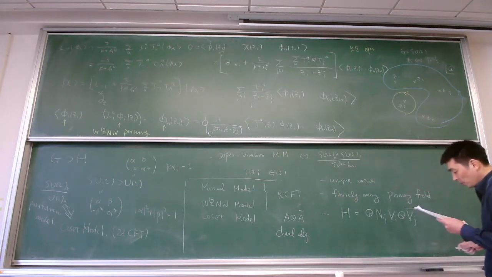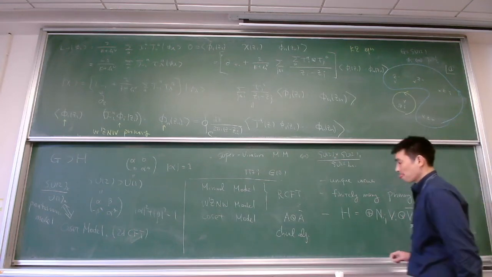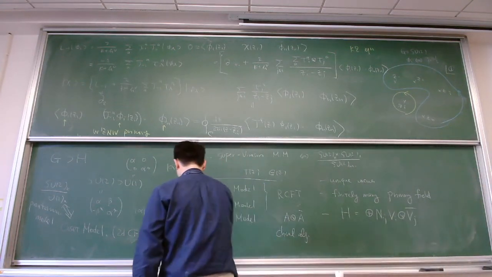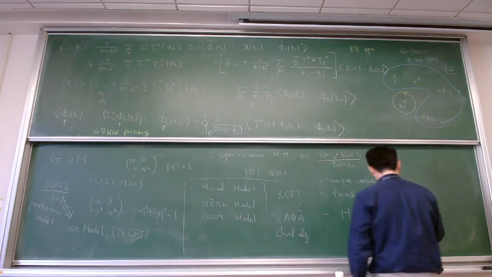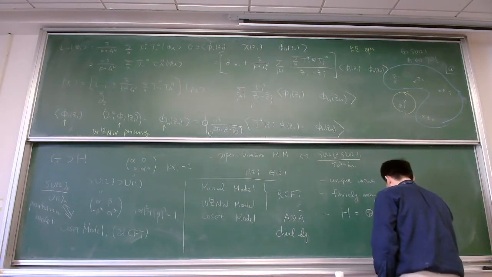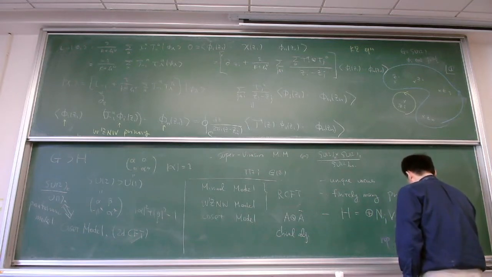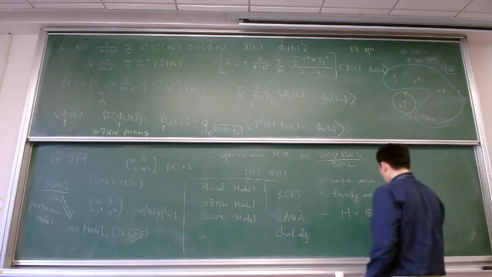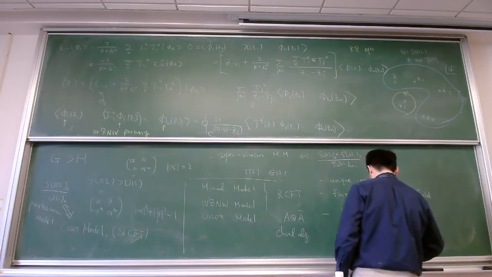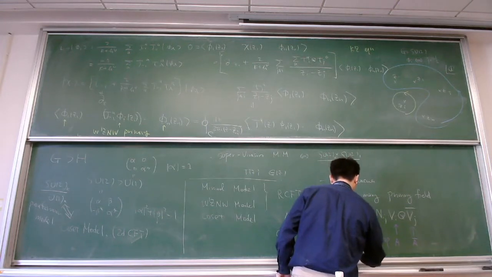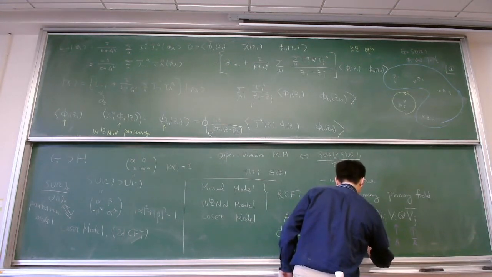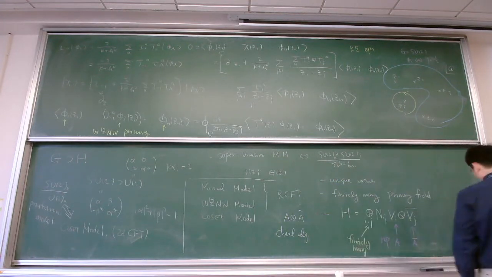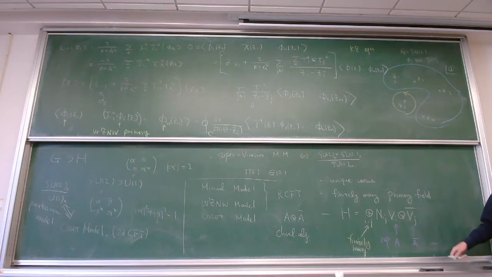And these are representations of A and A bar, and i and j run over finitely many indices. The important thing is that it is finite.